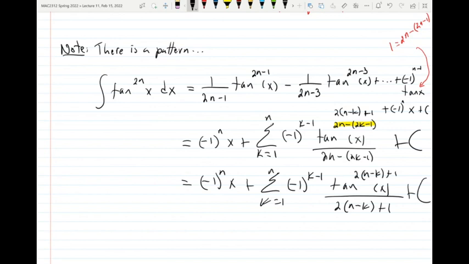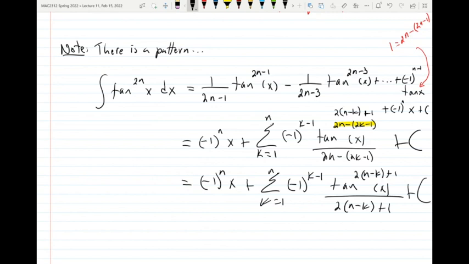Again, I don't see anything worth remembering here. It's easier, I guess, to look at the pattern on the top, and then you can just use that, okay? But I'm just rewriting this in sigma notation. Basically, this k is the one that is taking care of doing the -1, the -3, the -5, the -7.